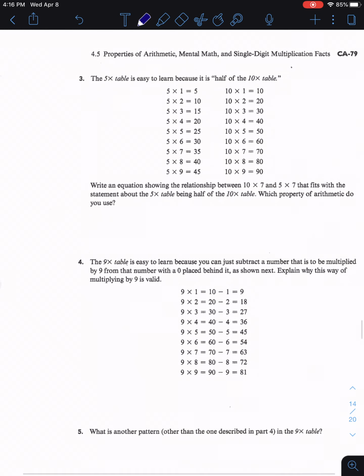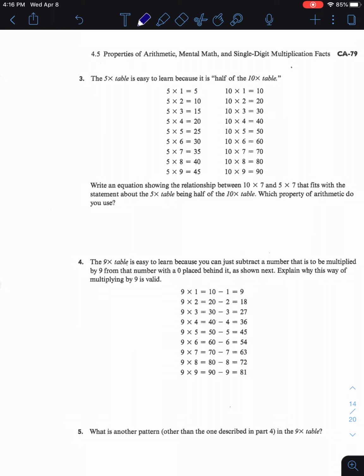There are other ways that you can use some strategies to simplify some of the facts. So for example, the 5s table. The 5 table is simply half of the 10 table. The 10 multiplication is really easy, right? We move the digit to the left on the place value. So 10 times 2 is 20, 10 times 6 is 60.